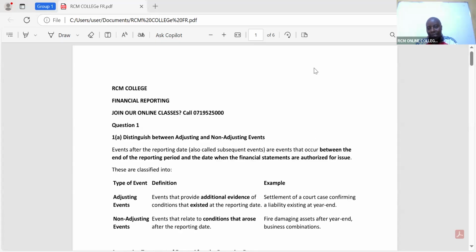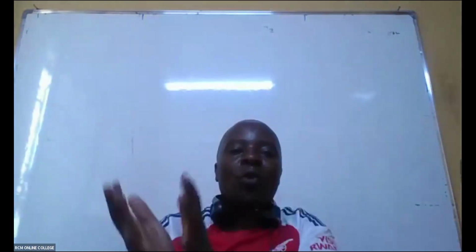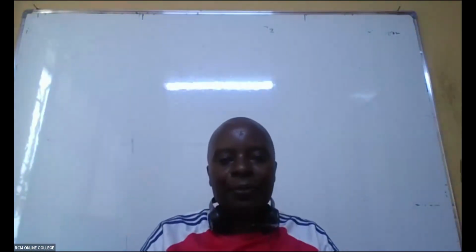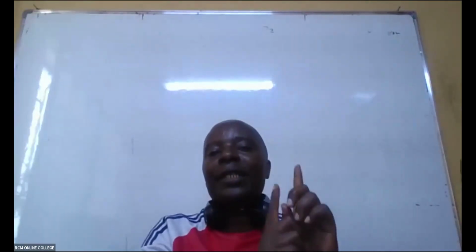Ladies and gentlemen, please listen to me very well. We have ended our financial year 2024. Those books of accounts and the financial statements have been given to the auditor in the first quarter of 2025. In this first quarter, our client had a case in court.